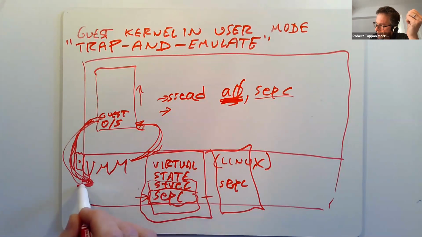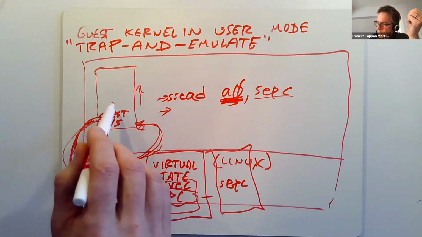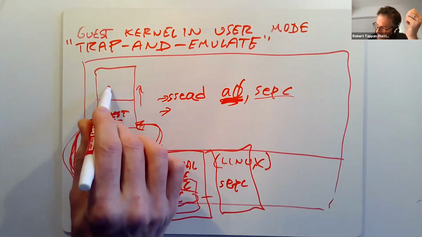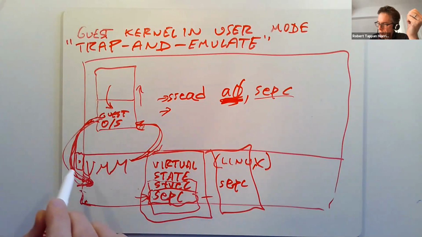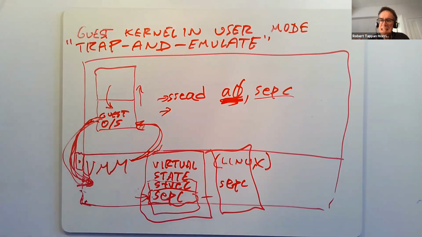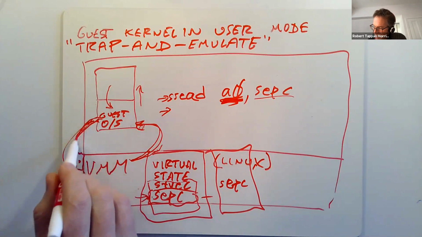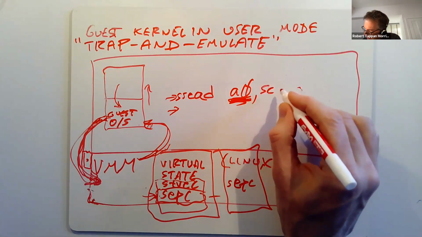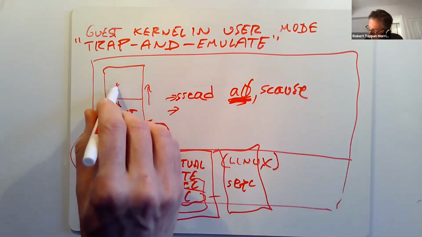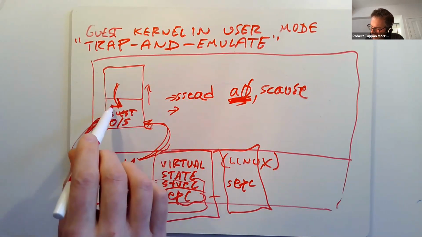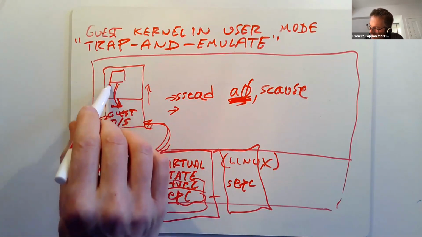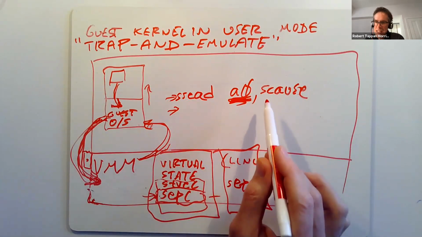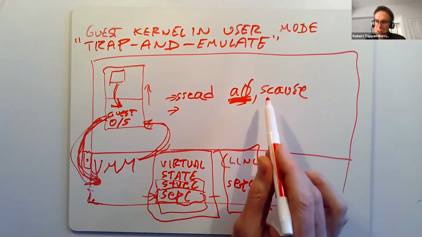But supposing the guest operating system has just taken a system call from a guest user process, the guest operating system needs to see an SCAUSE that's whatever the right value is for system call, right? The guest operating system is going to read SCAUSE in the trap handler handling a system call from one of its guest processes. The SCAUSE that it needs to see is the value that means system call.